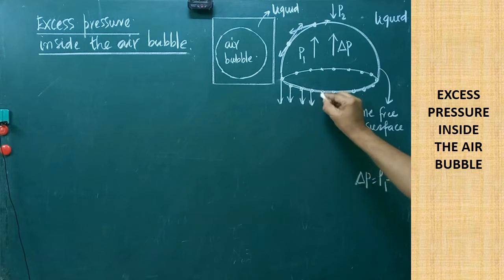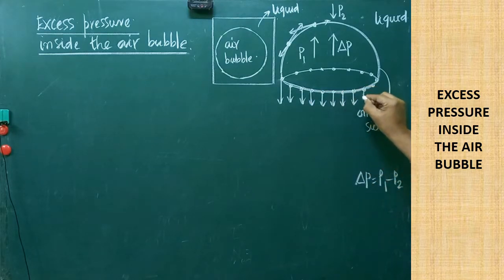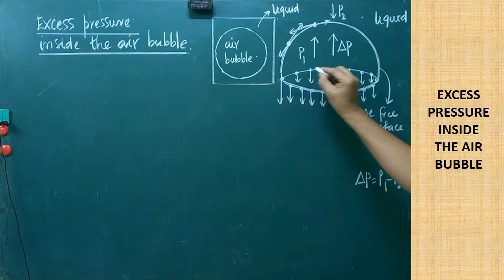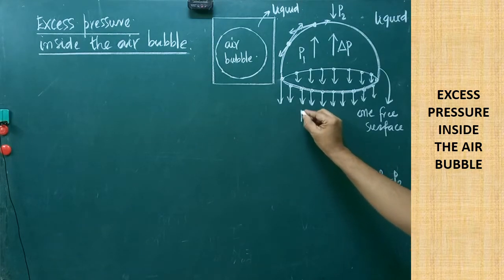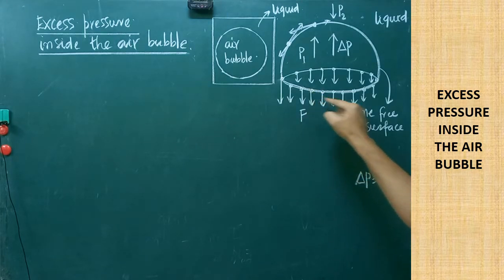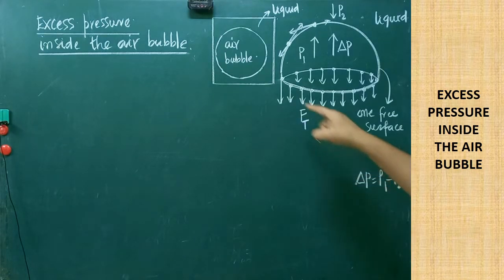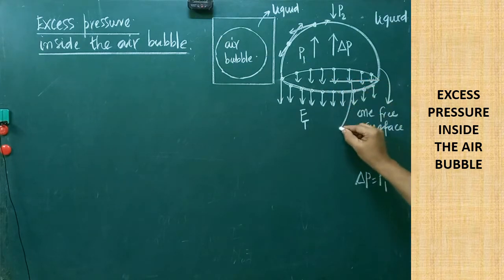So on each molecule, the force due to surface tension acts towards the downward direction. All are due to the surface tension. And here the radius of the air bubble can be taken as capital R.